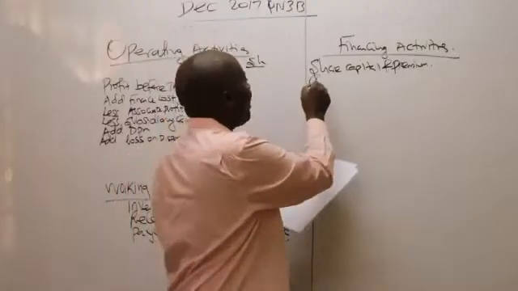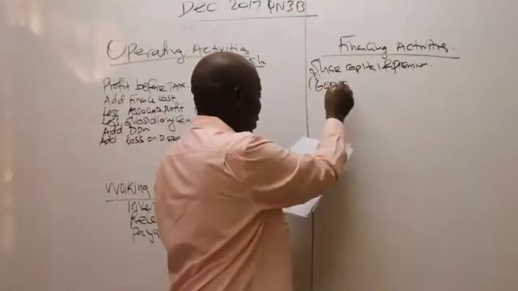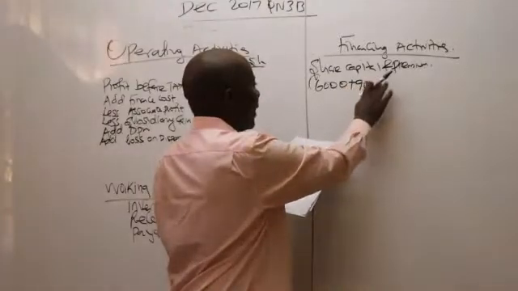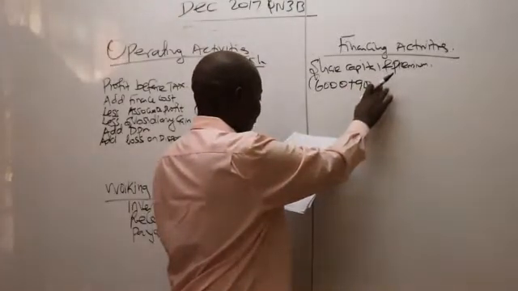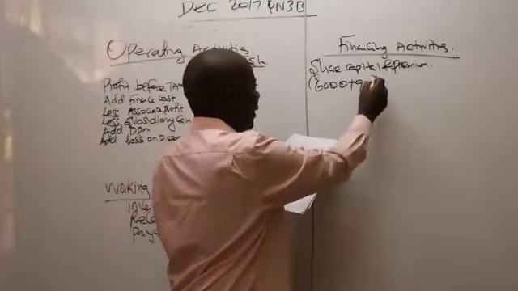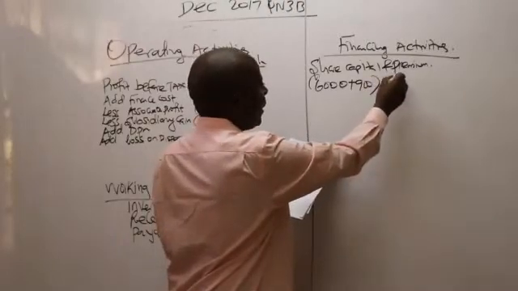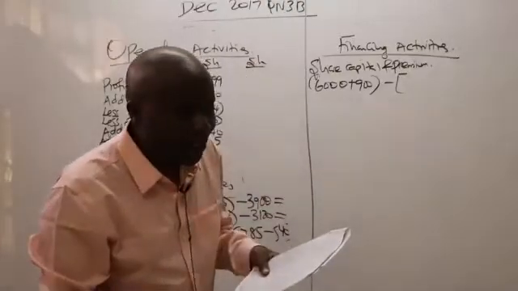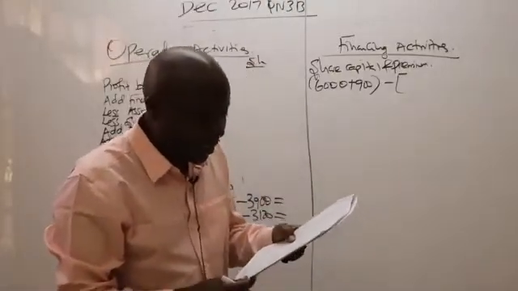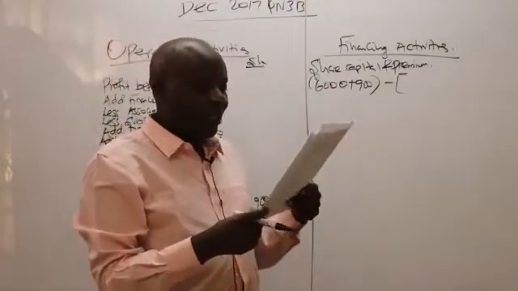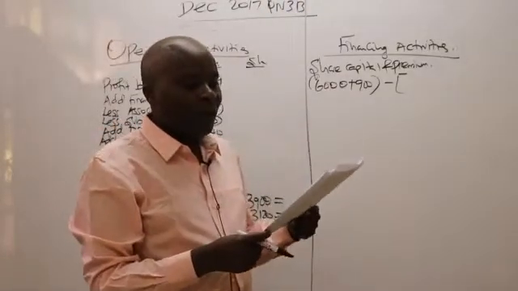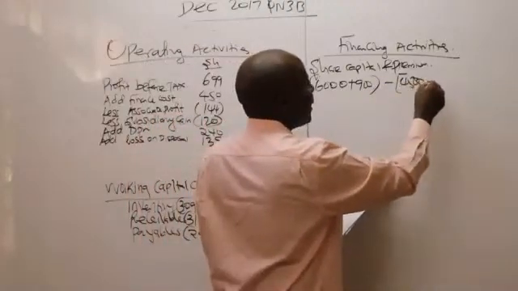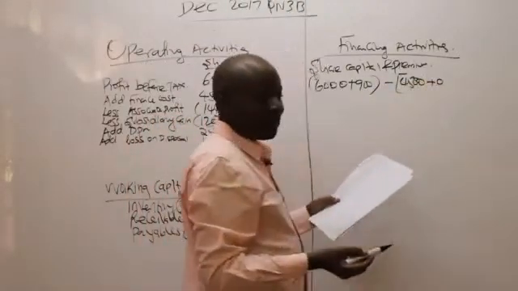The closing balance is 6,000 plus 9,000 plus 900 plus 900 plus 900, minus the opening. What is the opening, somebody? Looking at the opening, share capital is 4,500, plus premium there is 0.